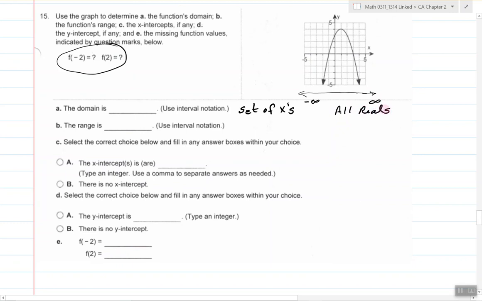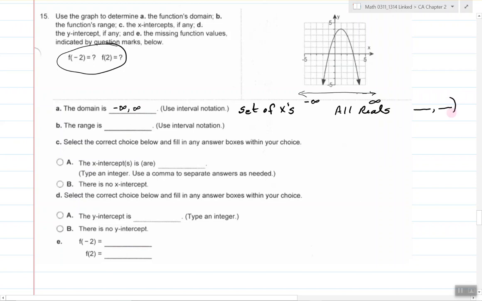Everything is in the domain, but in interval notation has blank comma blank where it is the smallest value and the largest value. So the smallest value is negative infinity, and infinity's in your toolbar, comma, positive infinity.